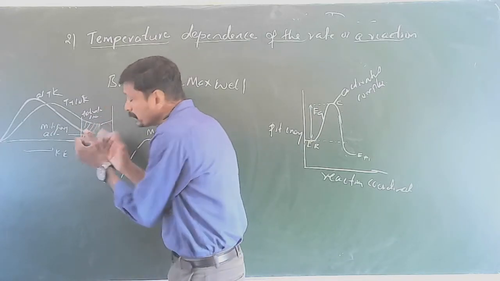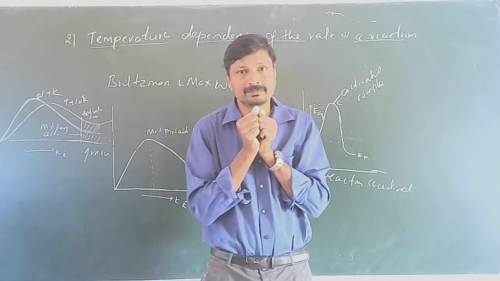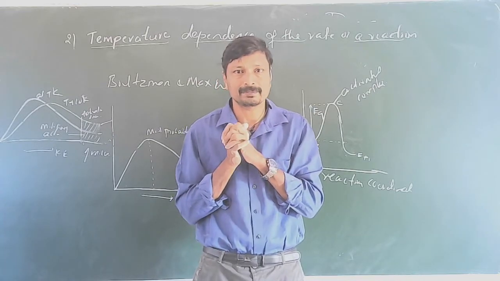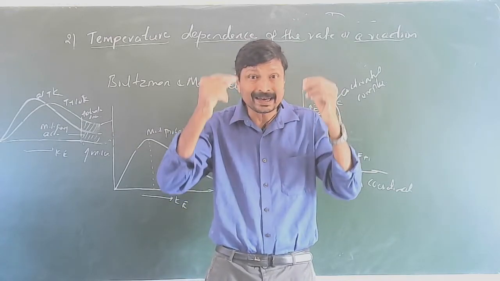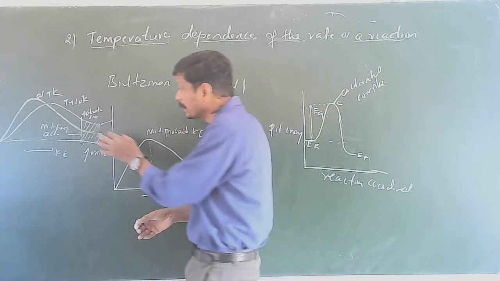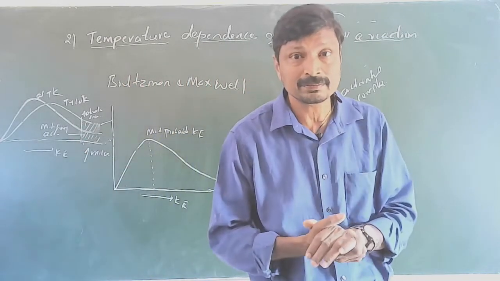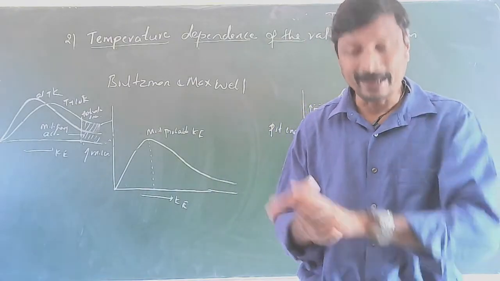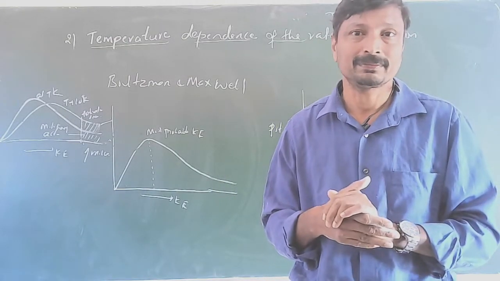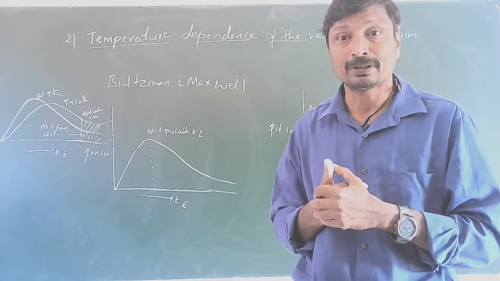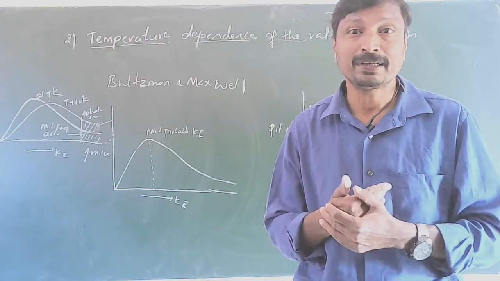If these molecules collide, it leads to the product. By increasing the temperature 10 degrees centigrade, the number of molecules having activation energy doubles. Because of that, the rate of the reaction doubles. This is the explanation of how temperature affects the rate.